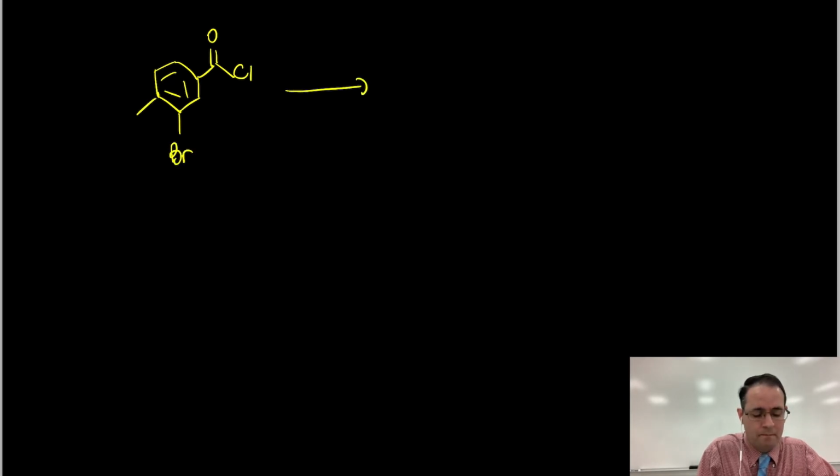So what we normally do is if we have a carboxylic acid chloride, let's put, I don't know, some interesting functional groups here. And if we treat this with water, we oftentimes add pyridine on the bottom. PYR is pyridine.